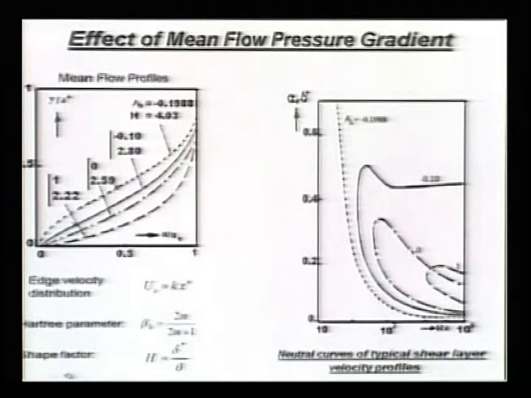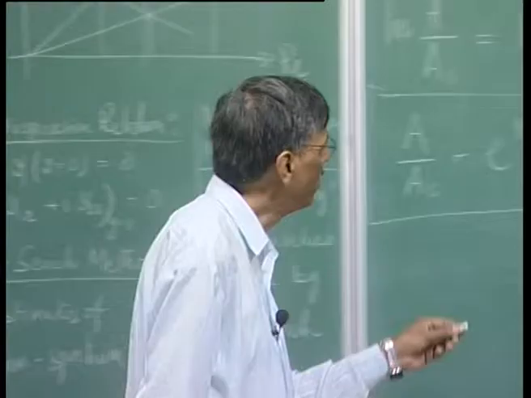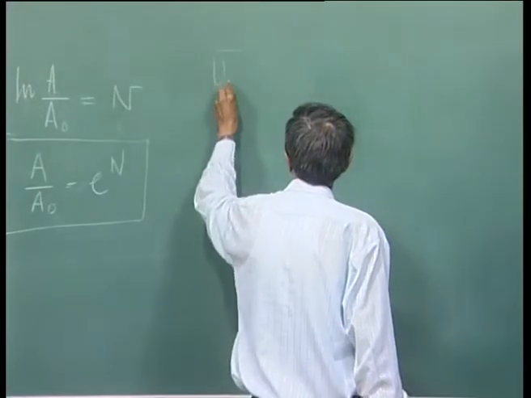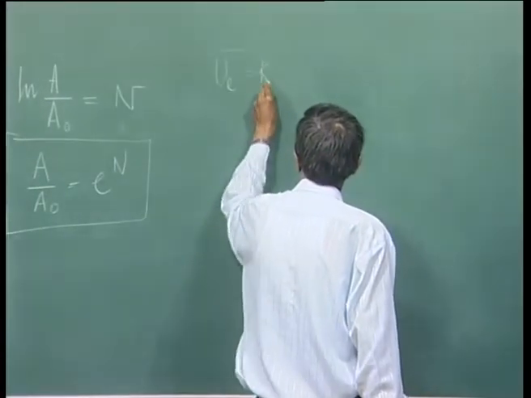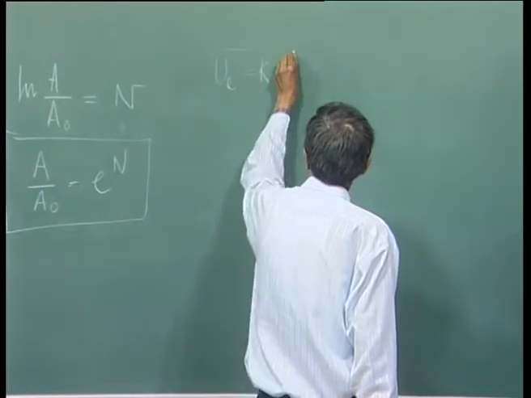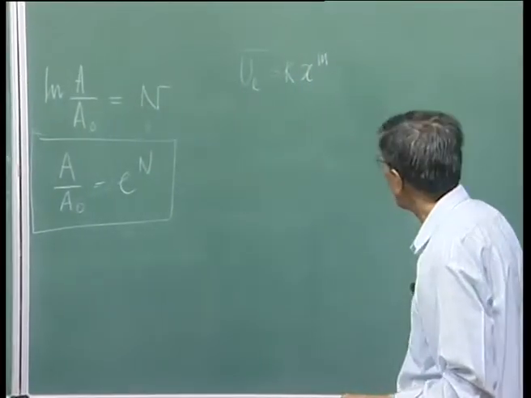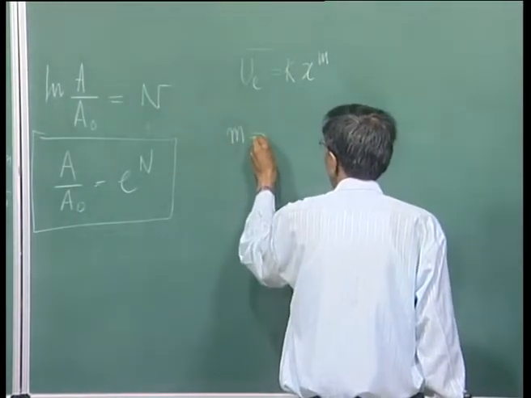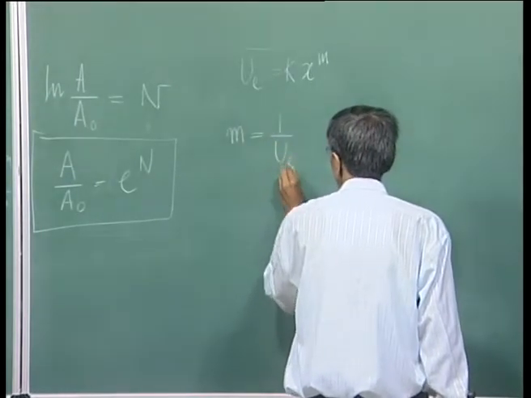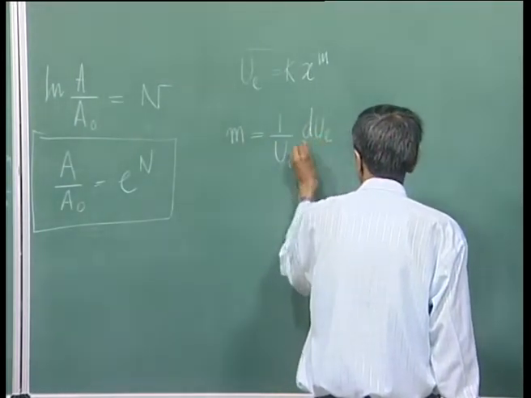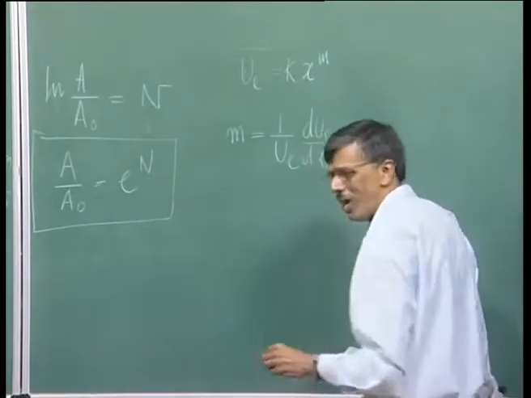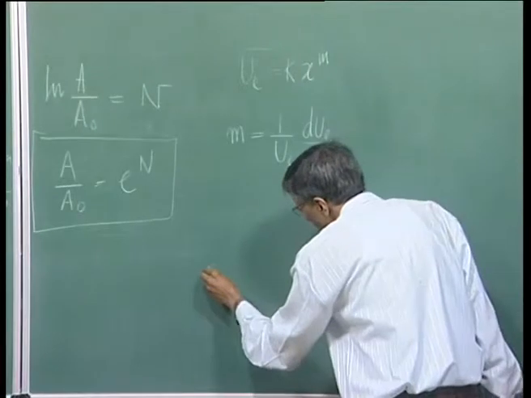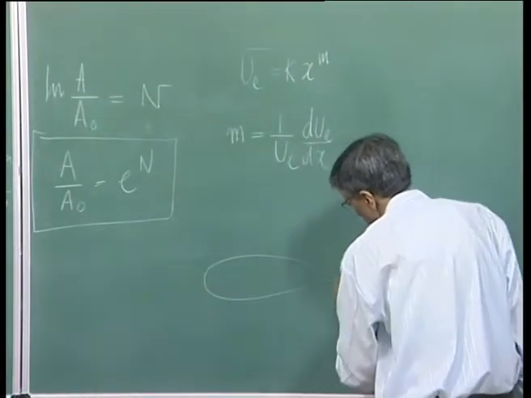How is this defined? It is defined by how the edge velocity varies with x. That edge velocity variation is given here by a similarity parameter, which is called the Falkner-Skan parameter m. What is this m? As we have written, you will see it is nothing but 1 over u_e du_e/dx. So, we are talking about flow past an aerofoil like this.